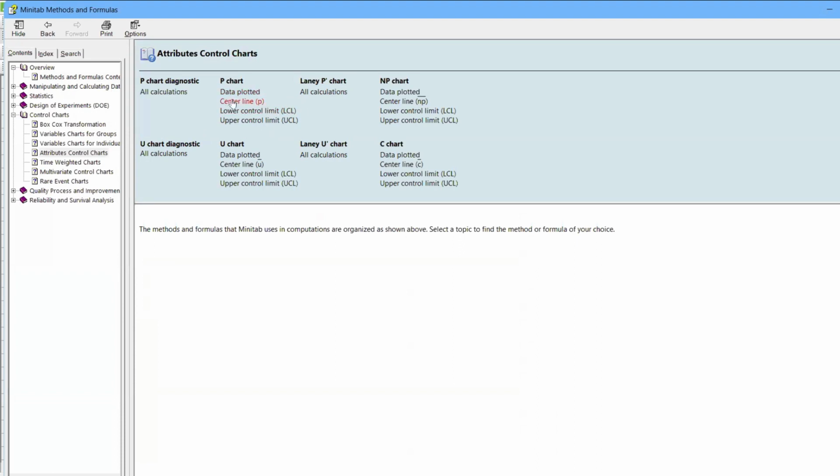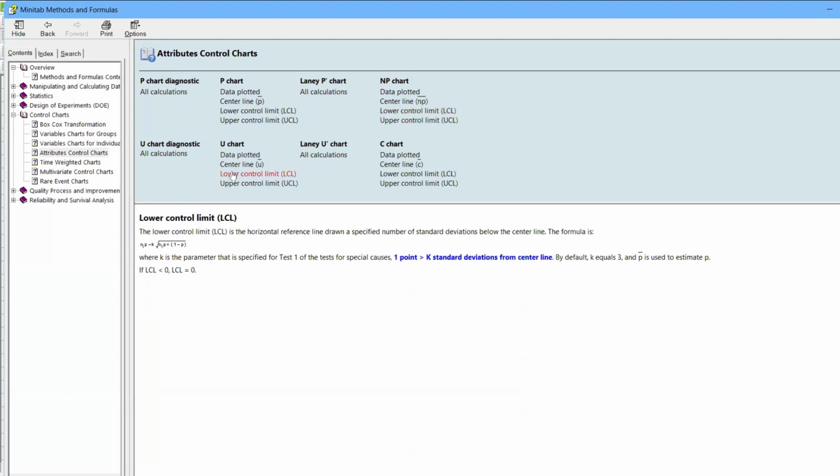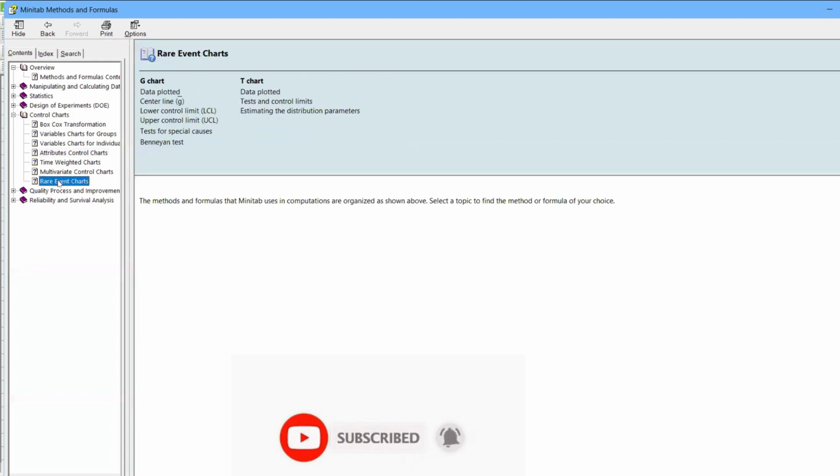And how the upper and lower control limits are calculated. The lower control limit for the P chart has a formula. For NP, you have a formula, and for the U chart, you have a formula. All that has been given, and you'll find examples also, right? Rare event charts also, what they mean, you can easily find.